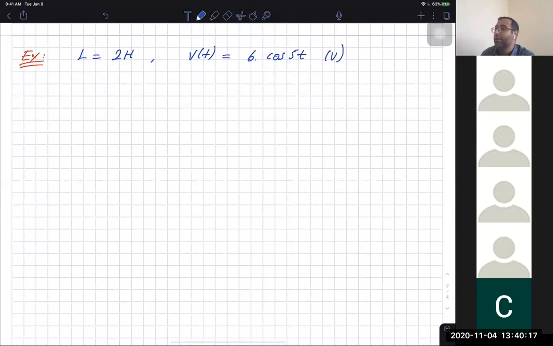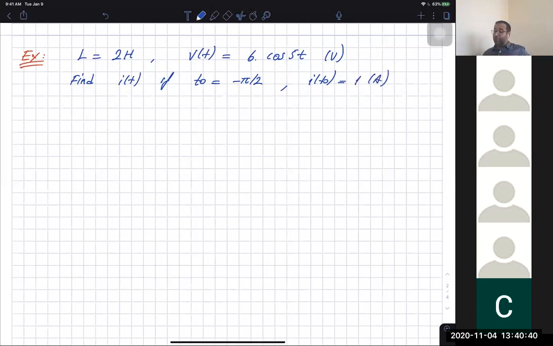The question is, find I(t) if t0 is minus pi over 2, and the initial current at t equal to t0 is 1 ampere.